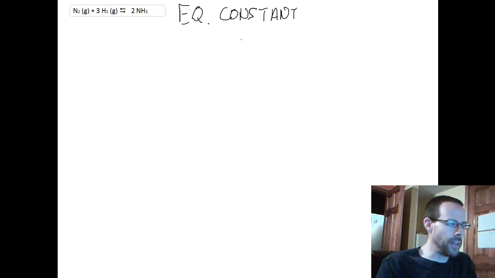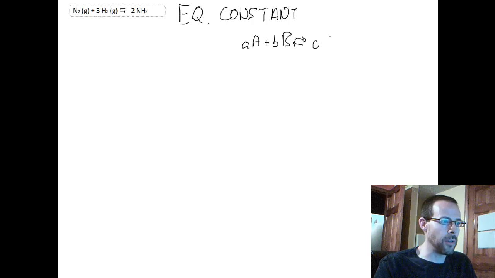If we had some fake equation, let's just say a number of compound A plus b number of compound B, in equilibrium with c number of compound C and d number of compound D, our capital letters represent elements and molecules, and our lowercase letters represent coefficients.